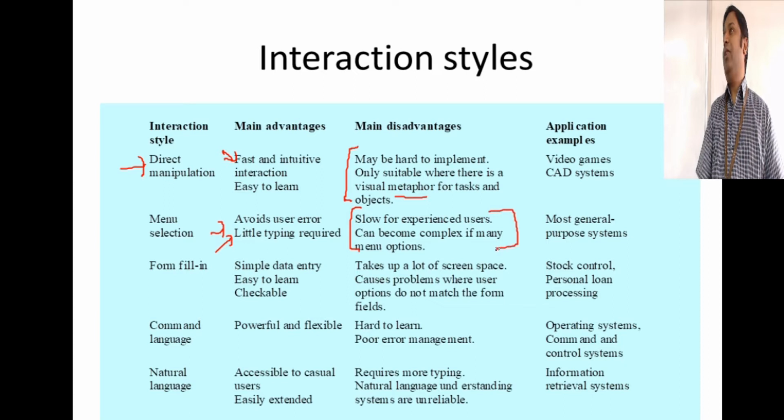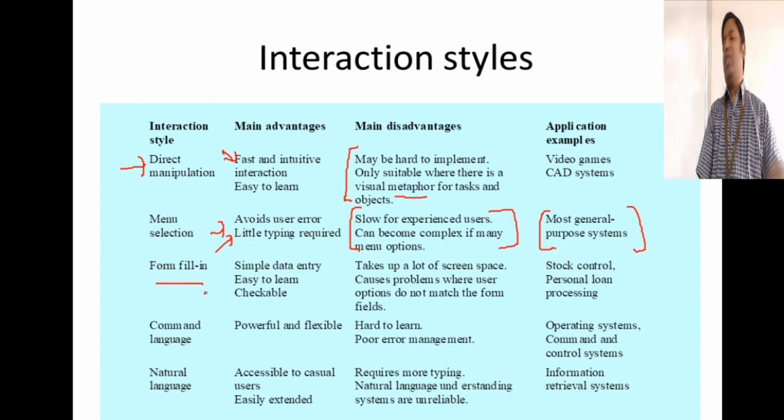Slow for experienced users. If you go to the industry, mostly people will not use the mouse. Experienced programmers don't like using a mouse. They'll just go with all keyboard shortcuts and their output will be very fast. So experienced users don't like using a mouse, going there and picking things up. So most general purpose systems use menu selection.